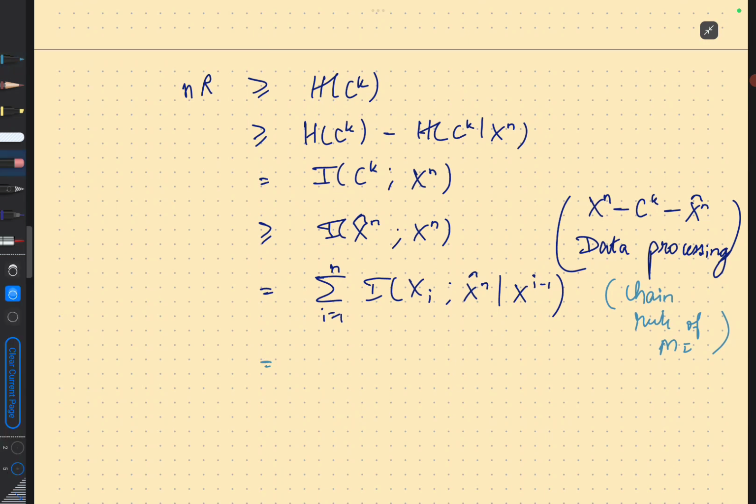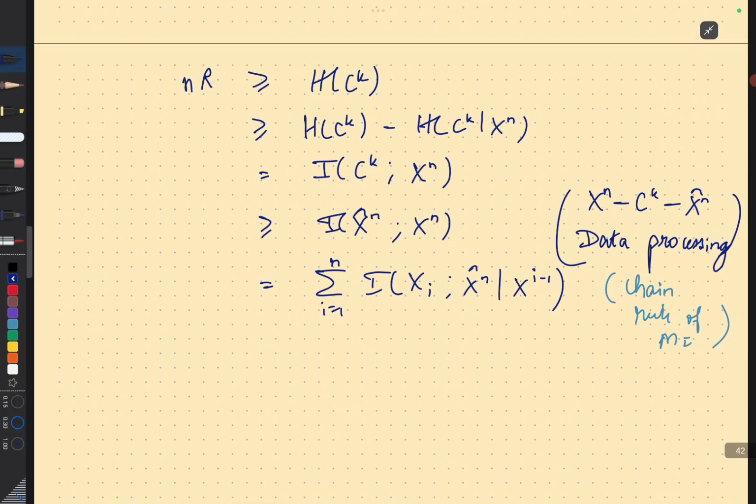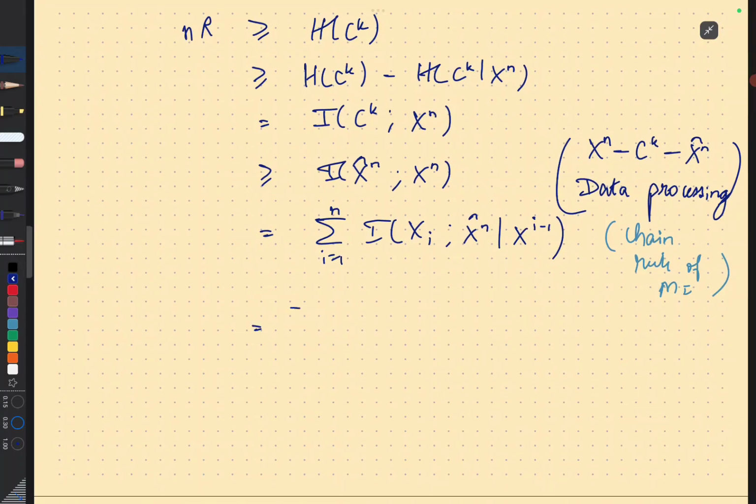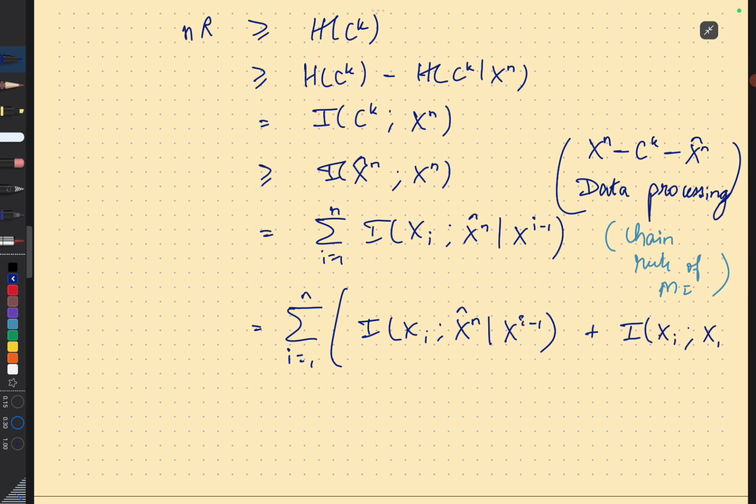I claim that this is equal to summation i equal to 1 to n of the mutual information between X_i and X^n hat given X_{i-1}, plus the mutual information between X_i and X_{i-1}.